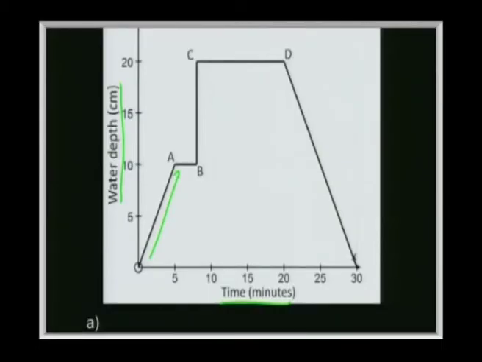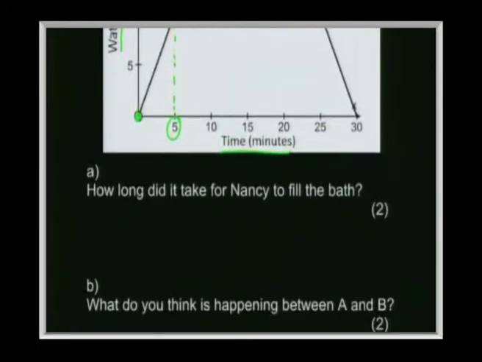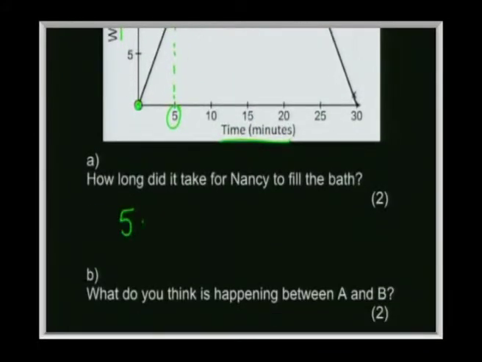And my guess would be that that is when the bath is full, from this point where she starts to A. It asked us how long it took her to fill the bath, and our answer is 5 minutes.